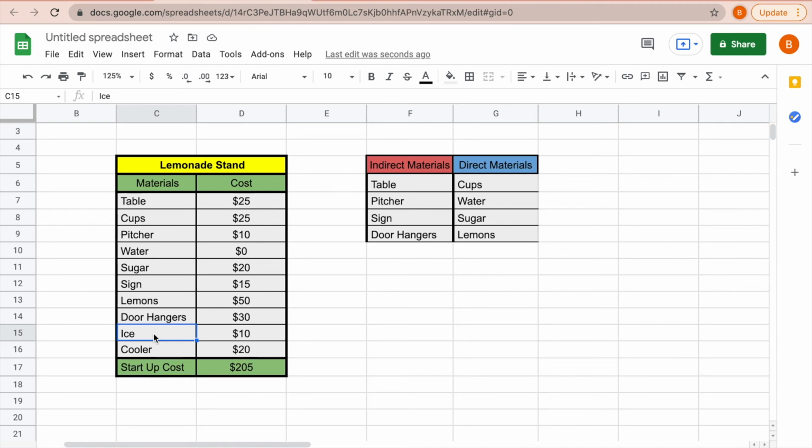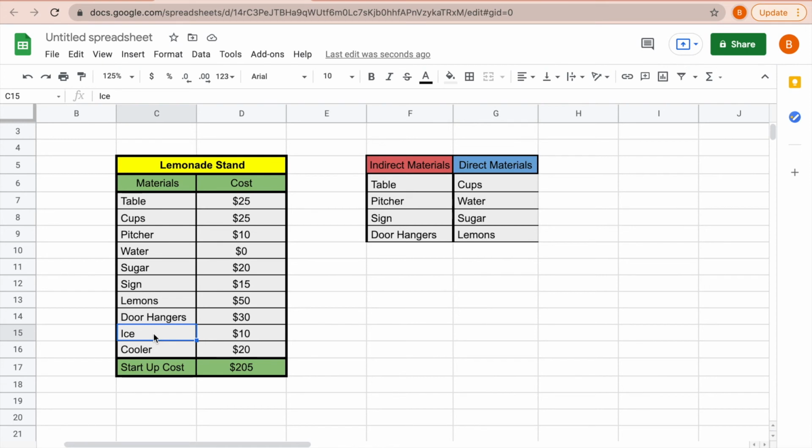Now say you had the ice in the cooler to keep the fruit cold or the water cold. Then it would be an indirect material. So that is pretty tricky which one that one's going to be in. It depends on how you use it. I hope that makes sense.